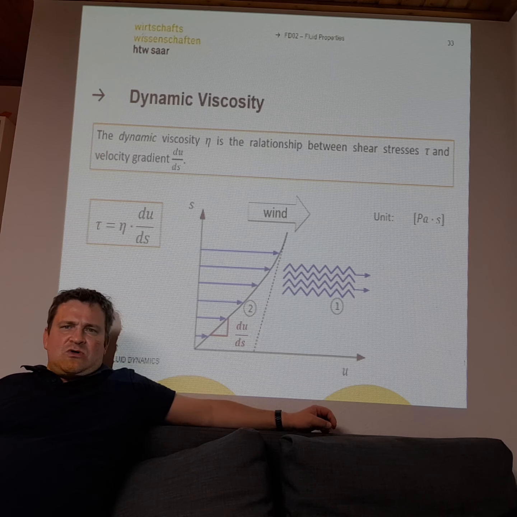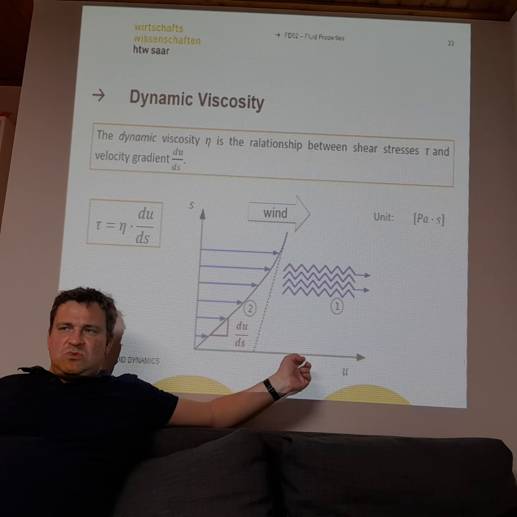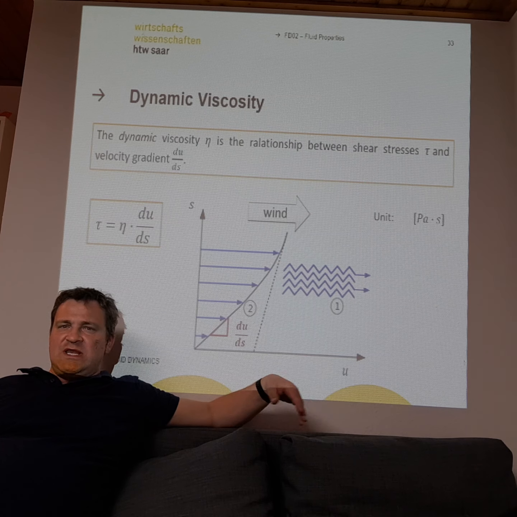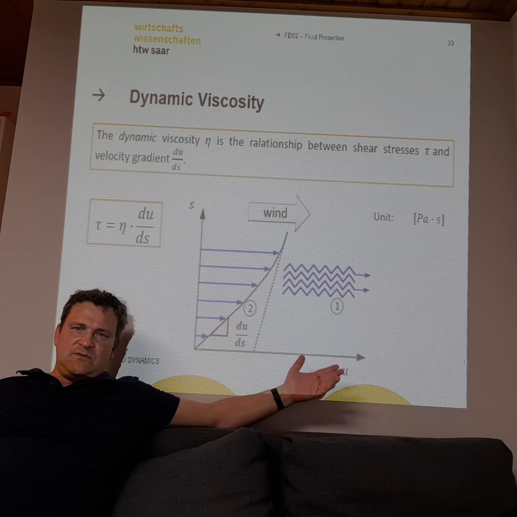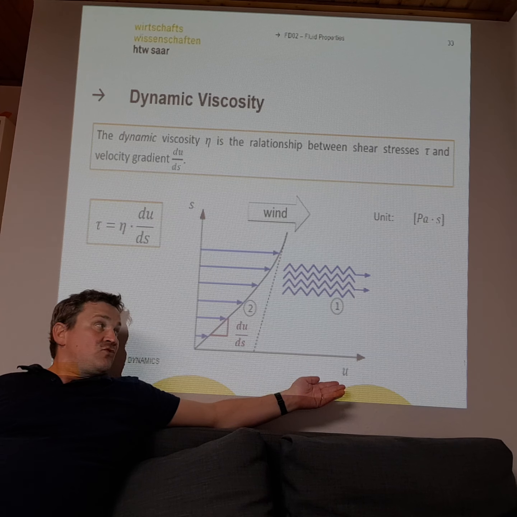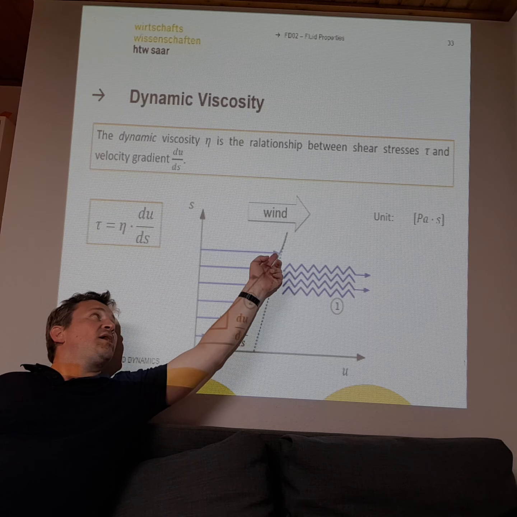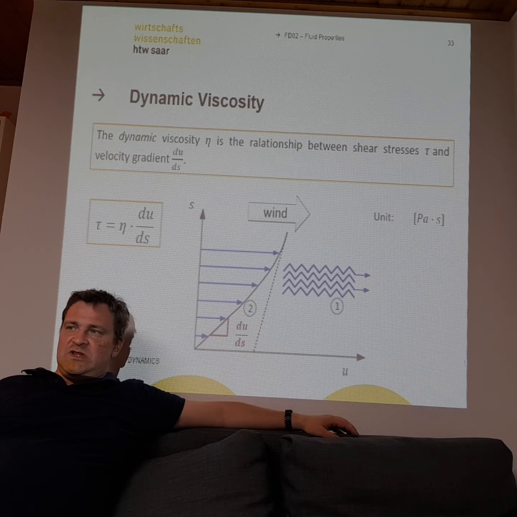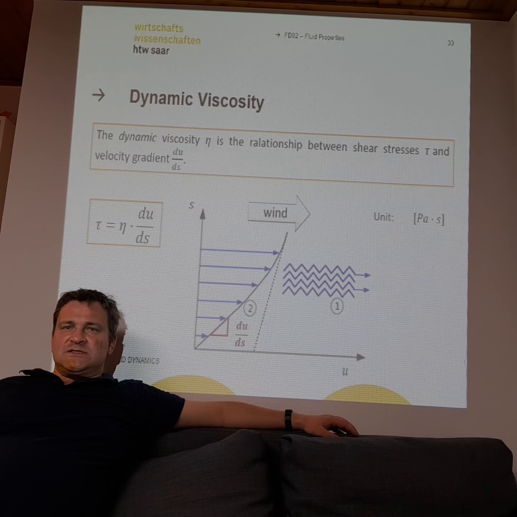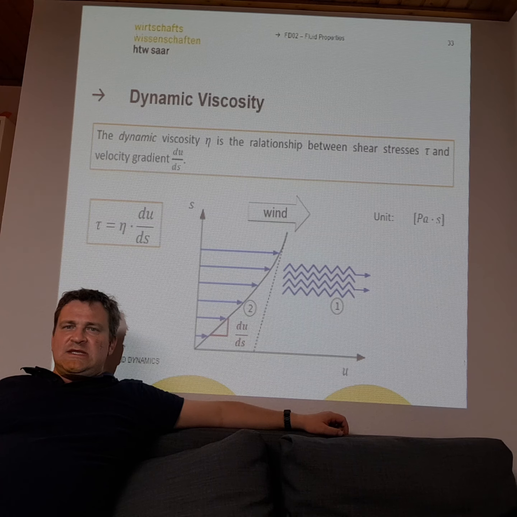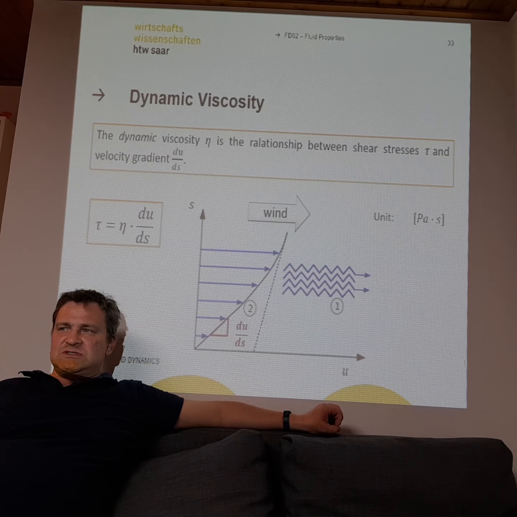But of course, I already taught you, at the bottom of the river, really at the ground, you will have no velocity. Velocity will be zero. So you have a gradient. You have here a low velocity. Velocity will be higher, higher, higher to the top velocity at the upper boundary. And how this gradient behaves depends on the viscosity.